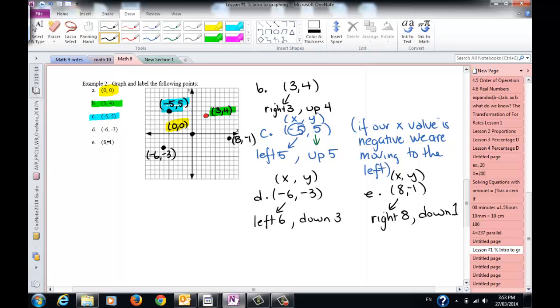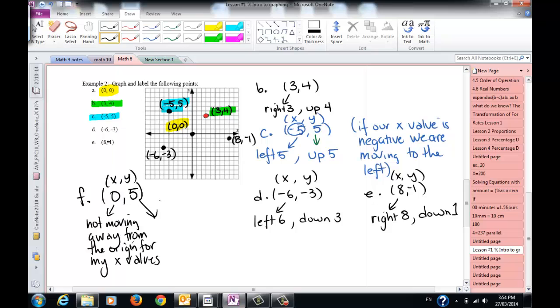I wanted to maybe do one extra one, so let's add F in there. And let's do 0, 5. Alright, so I start at my origin and it tells me, remember it's always x and then y. My x value is going 0 units. So this means I'm not moving away from the origin for my x values.